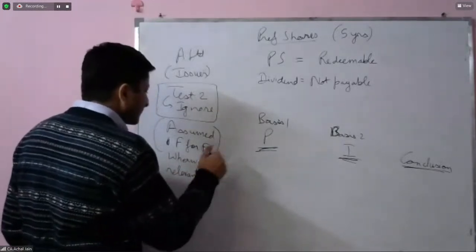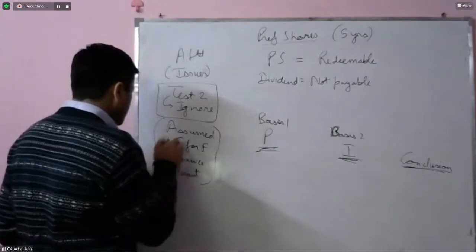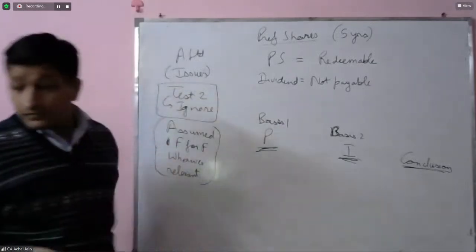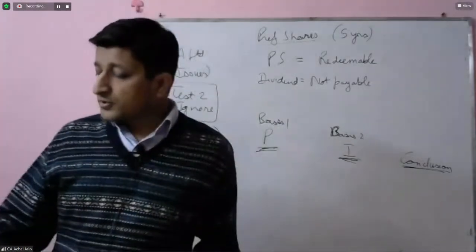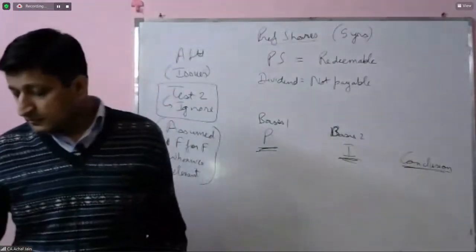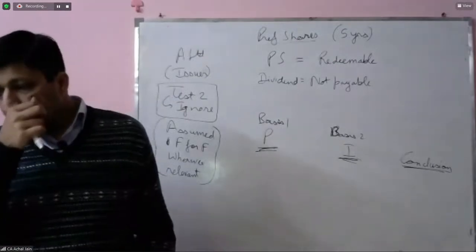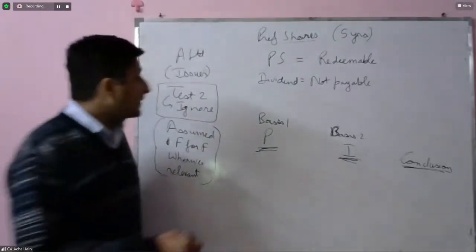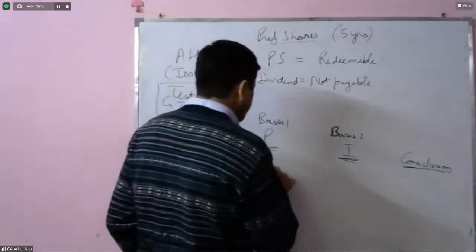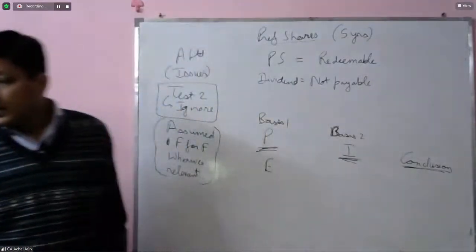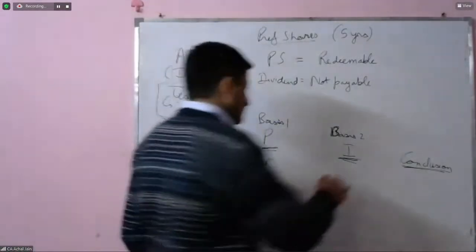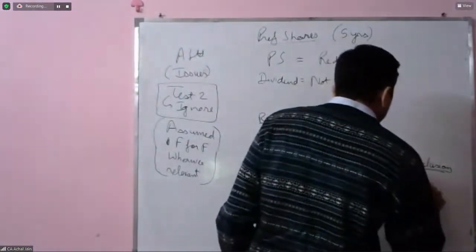And I am waiting for a response. Yes, quickly. What's your response? Ambika is saying, sir, principal will be equity and interest will be equity, so therefore it should become equity.